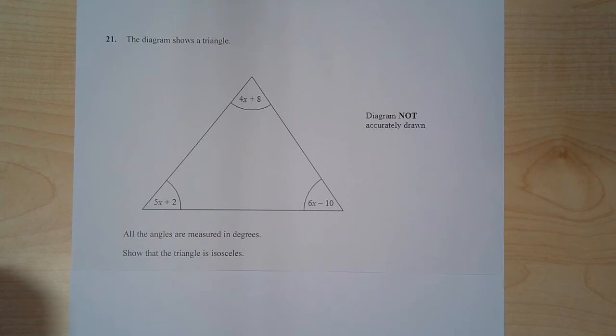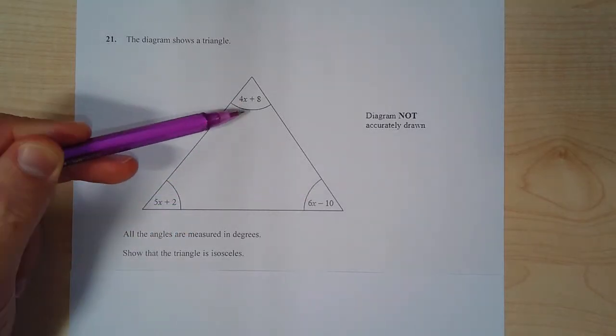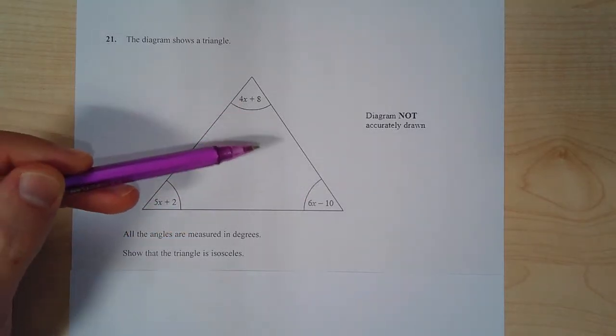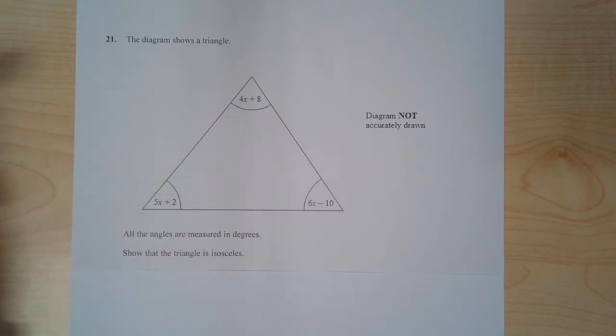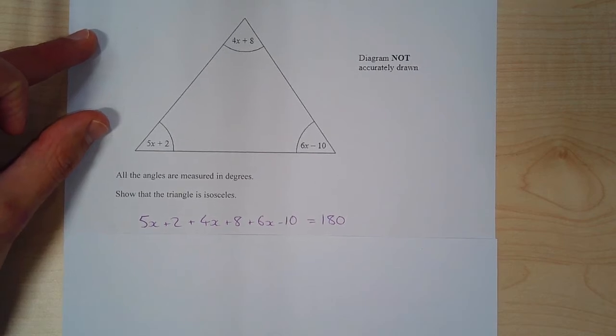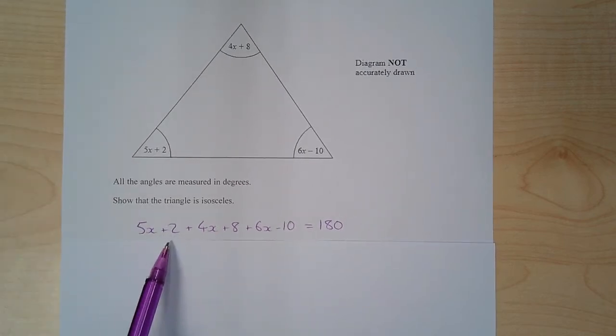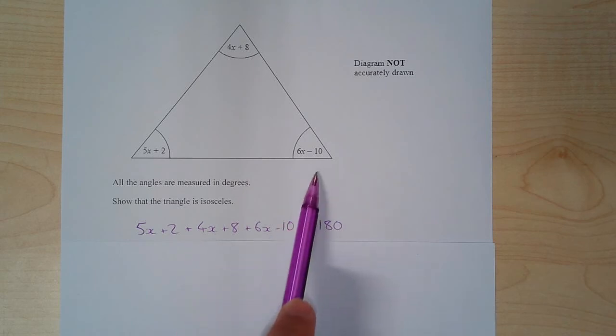So what other facts do I know about triangles and angles? Well, I know the total of the angles in a triangle always add up to 180. So if I add these 3 angles up, it should equal 180. So using that information, I can write an equation. 5x plus 2, which is that angle, plus 4x plus 8, which is that one, plus 6x take away 10 is equal to 180.